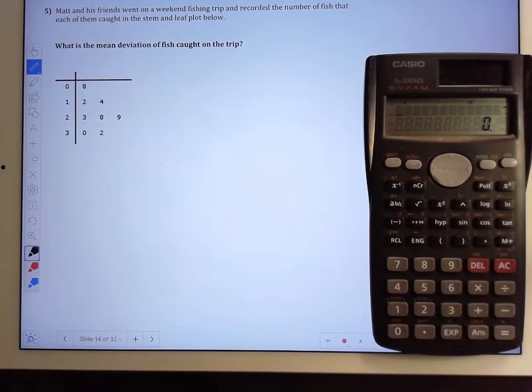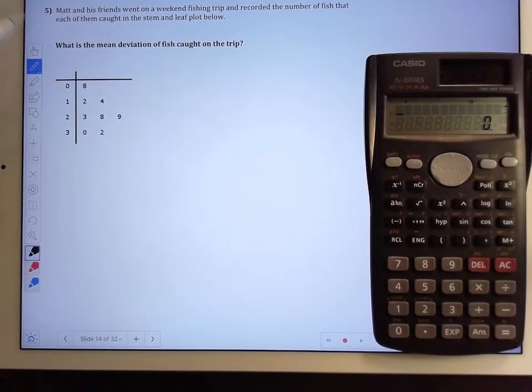So each of these numbers, as we remember, in the right-hand column are the ones, and the numbers in the left-hand column are the tens. So these are tens, these are ones, and from there we can build a list of numbers such as the number 8.